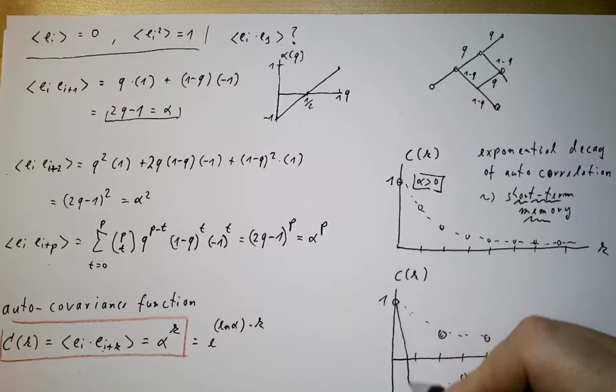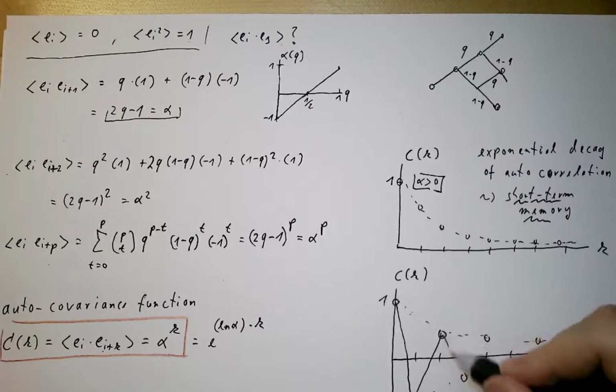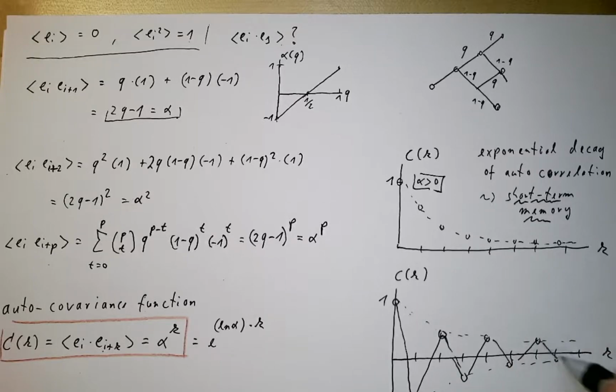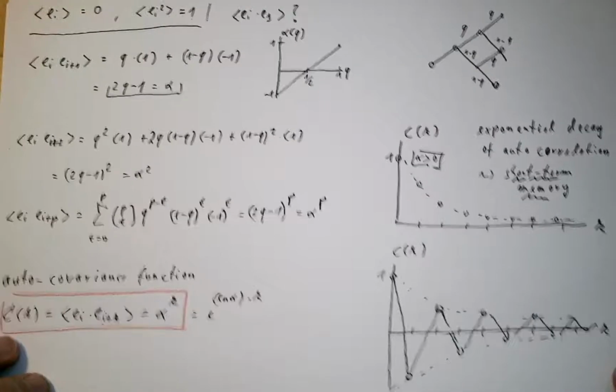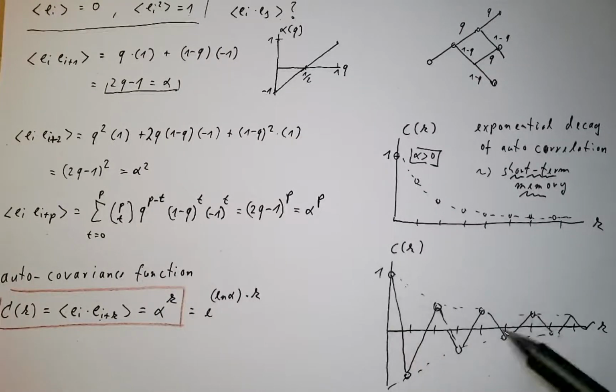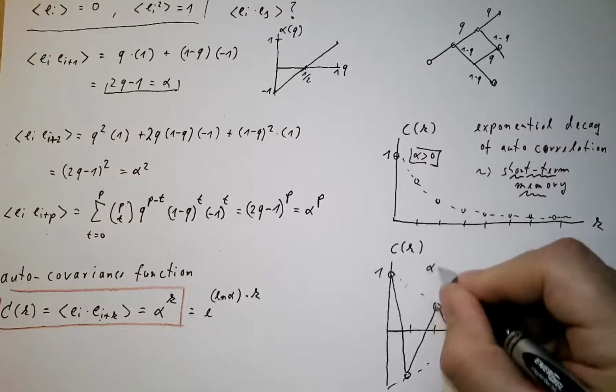So we have an autocorrelation function which is here alternating but still decaying in time. Yeah? So it's again a short-term memory because the absolute value of the autocovariance function is decaying. So this is alpha negative.